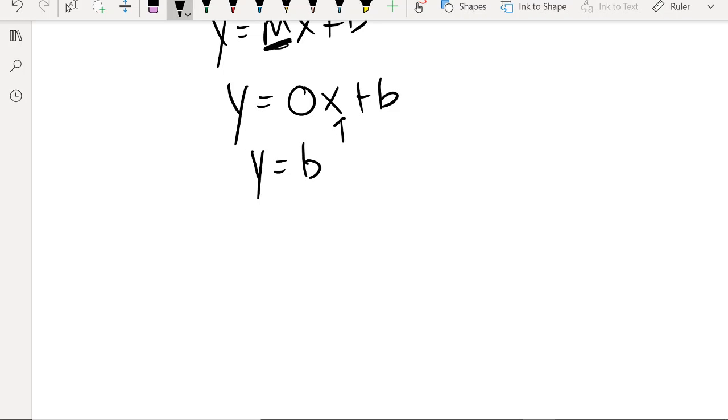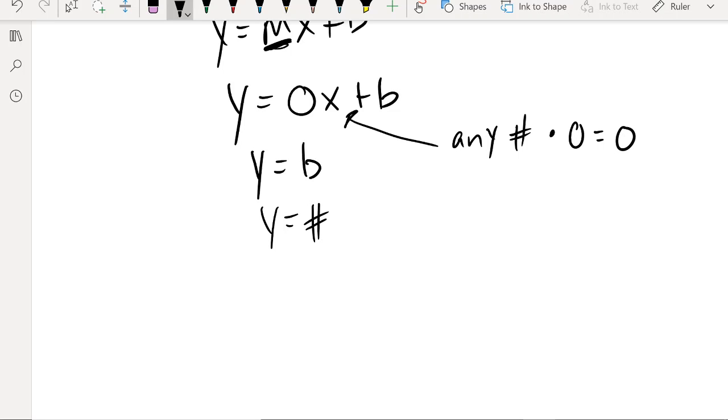X can be any number because any number times 0 equals 0, right? Any number multiplied by 0 equals 0. Because when you multiply by 0, you're basically saying, I want 0 of this number. So you just get 0. So then y equals b, meaning y equals a number, right? Because b is a y-intercept, so it just equals a number, aka a horizontal line.